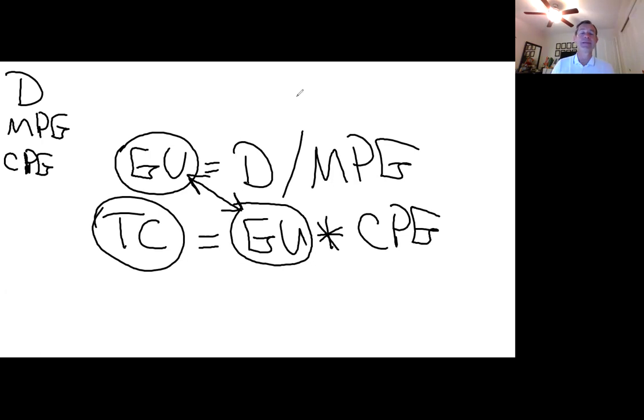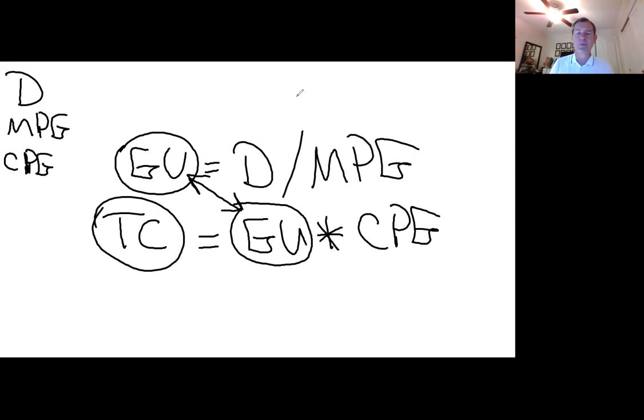So in this case, I would probably just do it this way. But it would be easier if I actually named my variables. If I have 20 variables that I'm trying to keep track of, then it's much easier if, instead of using GU as the name of the variable, I just type out gallons used. I type out distance.